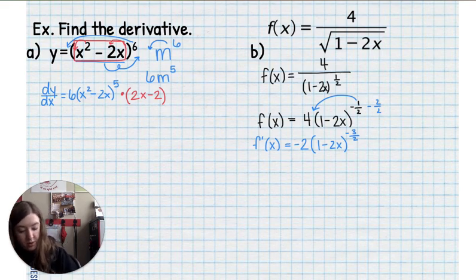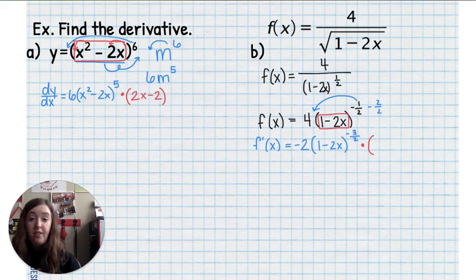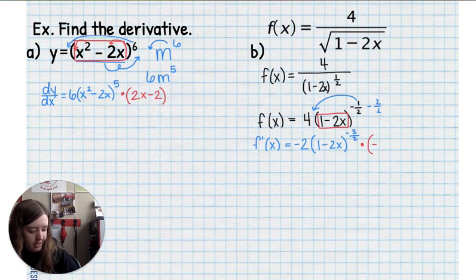Cool. Now we're going to look at that inside and find the derivative of him. We're going to multiply by our derivative. The derivative of a constant, the derivative of 1 is 0, so we'll just ignore him. And then the derivative of negative 2x is negative 2.